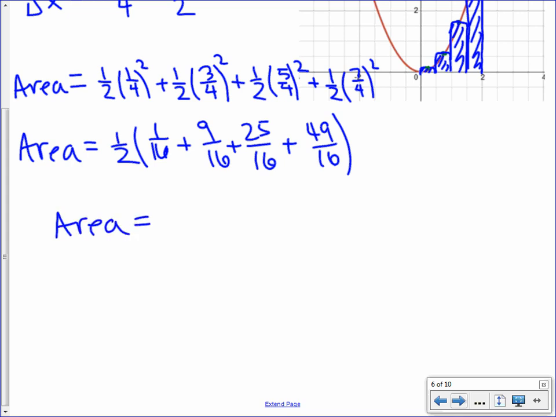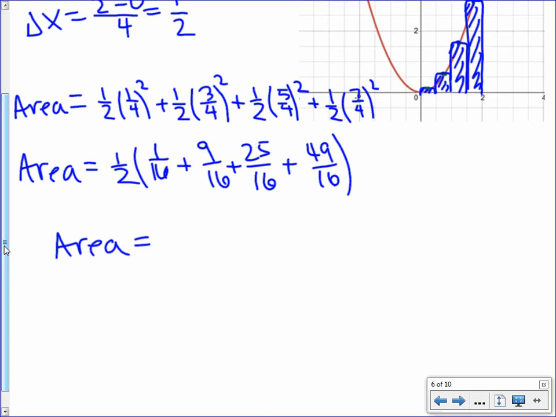And this is still an approximate because there's a little bit above and a little bit under each of the rectangles.